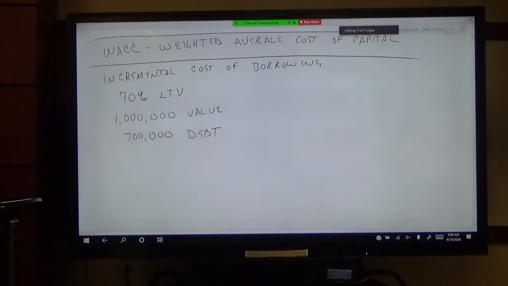Okay, so this is the scenario. Let's just say 12 payments per year, $700,000 is our present value. Give me an interest rate. 4%.